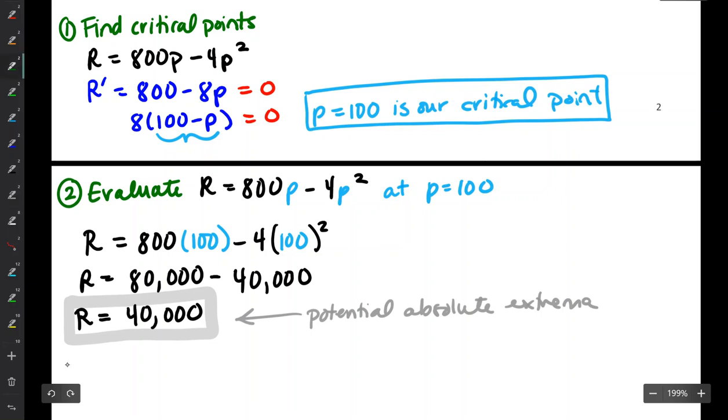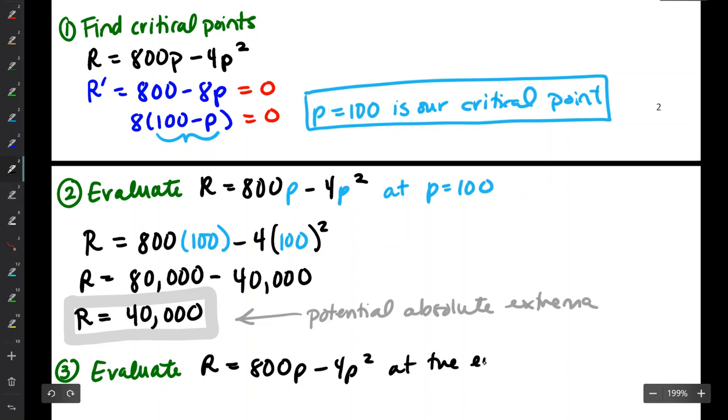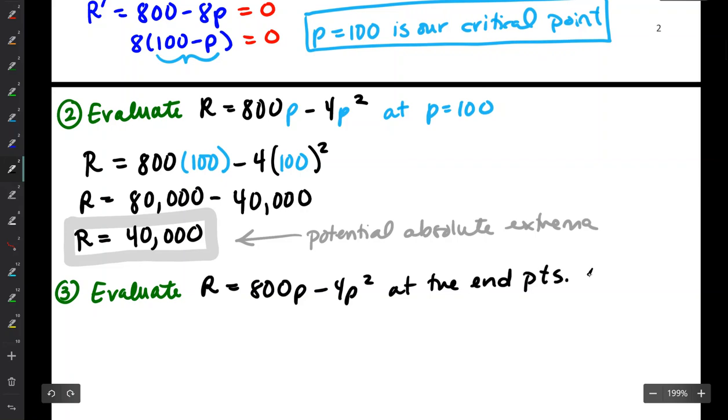All right, so now I'm going to evaluate the revenue at the endpoints, just going to do PTS for points. And that was 45 less than or equal to p less than or equal to 200. So I'm going to go ahead and stick in the 45, and then I'll stick in the 200 and see where the revenue is.